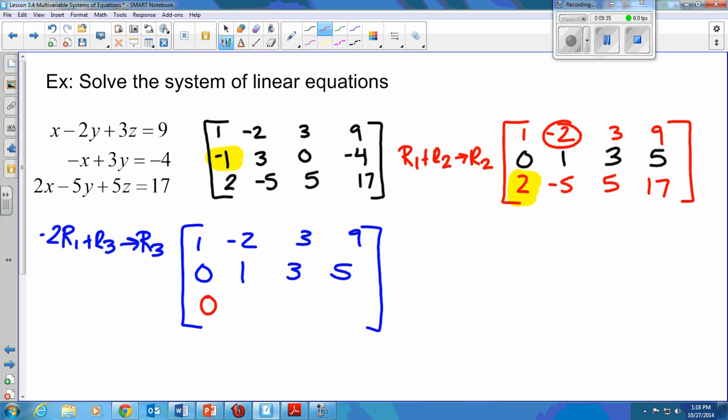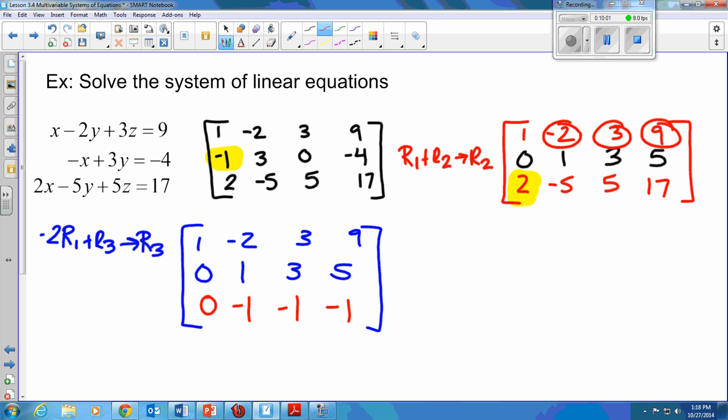So negative 2 times negative 2, 4 plus negative 5, negative 1. Negative 2 times 3, plus 5, negative 1. Negative 2 times 9, plus 17. There we go.